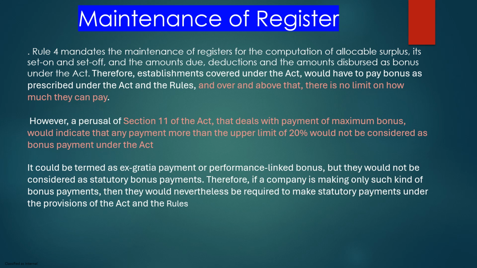And we have to maintain the register under the Payment of Bonus Act, as all of us know. Over and above that, there is no limit on how much they can pay. Section 11 of the Act, which deals with the payment of maximum bonus, indicates that any payment more than the upper limit of 20% would not be considered payment of bonus under the Payment of Bonus Act.